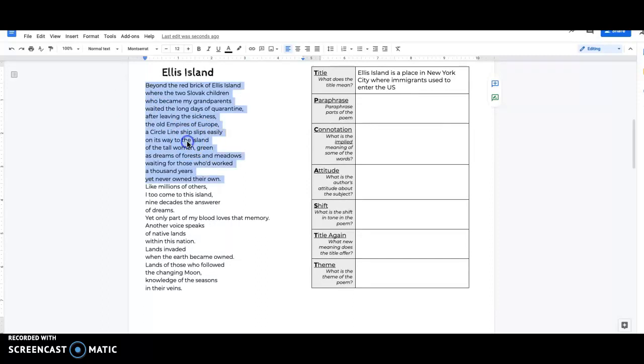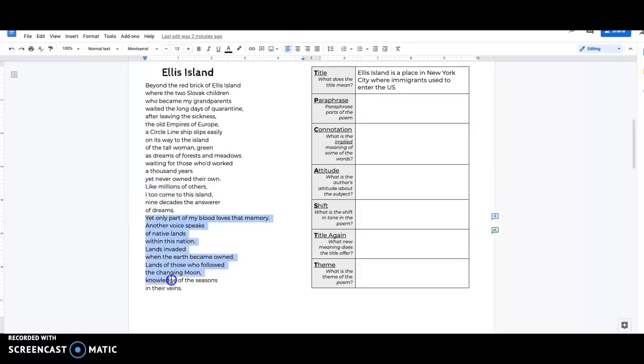Okay, so the first part of this poem, the top section here, is about the first half of this speaker's ancestry, right? He's talking about how one set of his grandparents came on a ship from Europe. Then he talks about how he is standing on Ellis Island himself, trying to think about what happened with his ancestors coming.